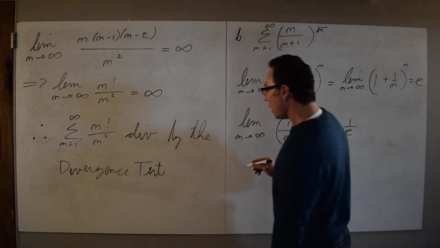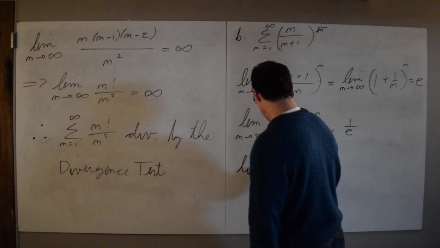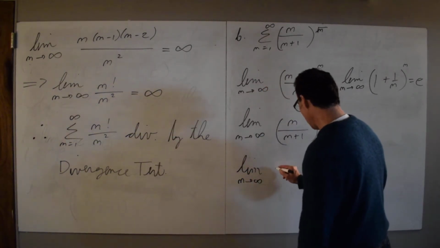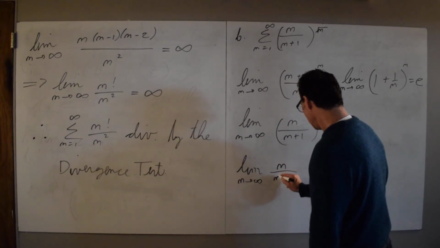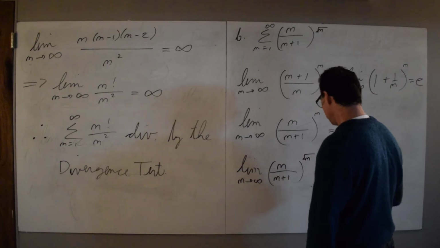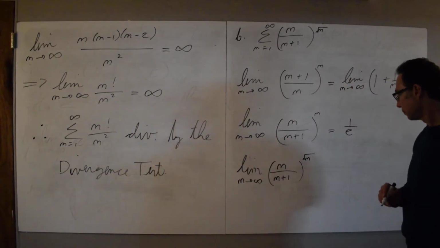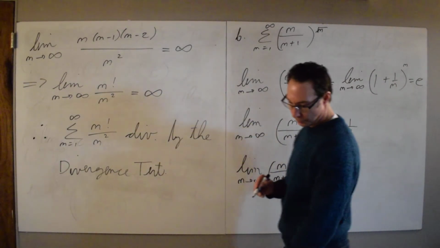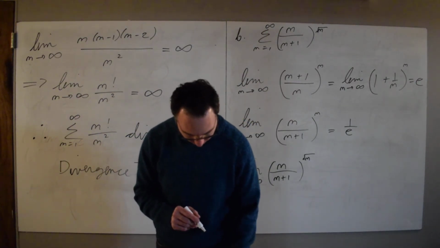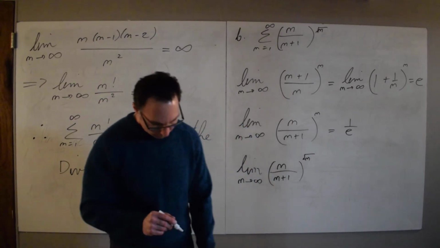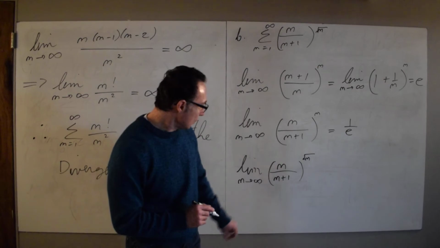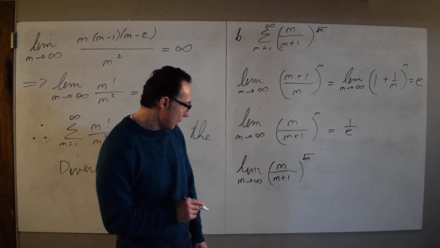And so we'll apply the divergence test by calculating the limit as n goes to infinity of n divided by n plus 1 to the square root of n. Now, n divided by n plus 1 is smaller than 1.